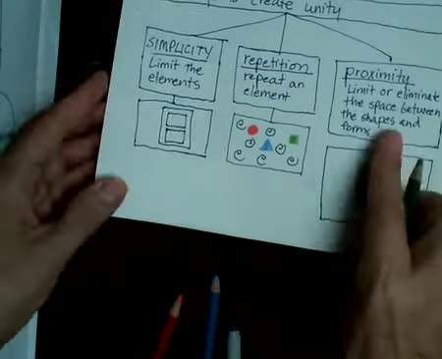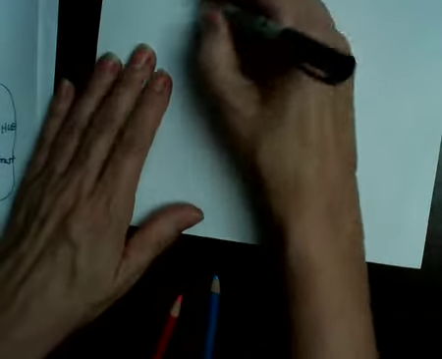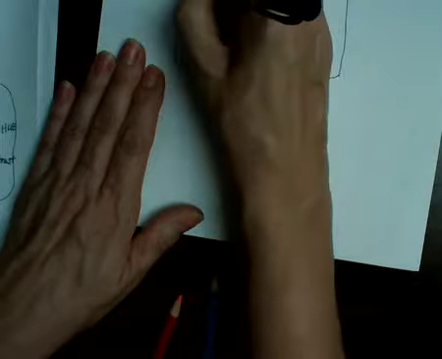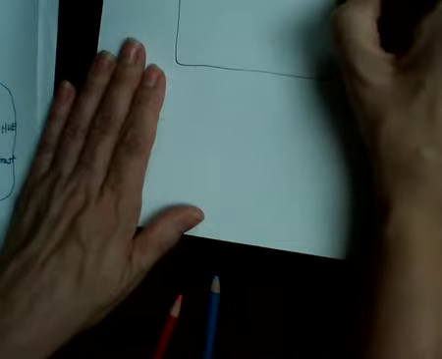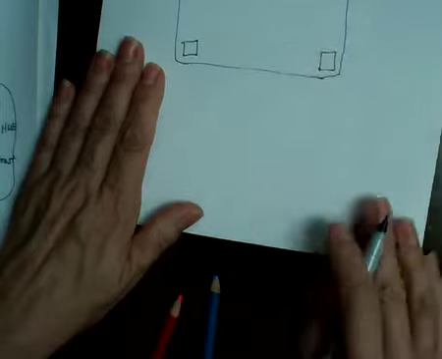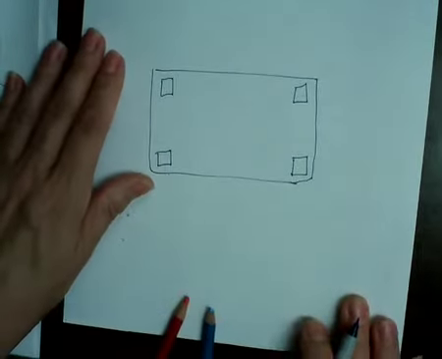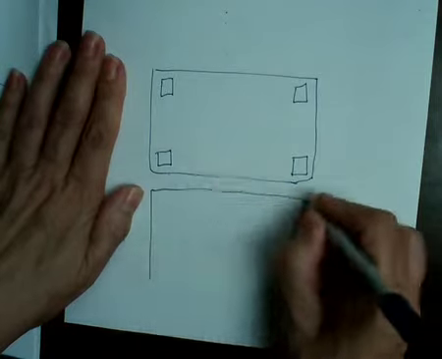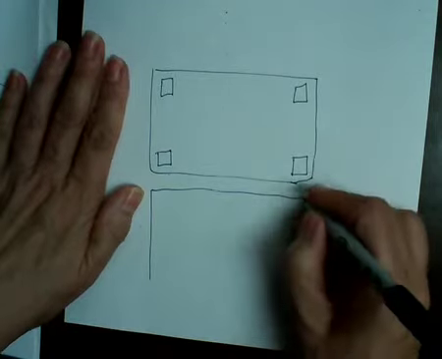Now let me show you an example of limiting just on another piece of paper. If I have a composition like this, and I have 4 squares, all right, whoopsie, right there. Now, you tell me, are they close together?